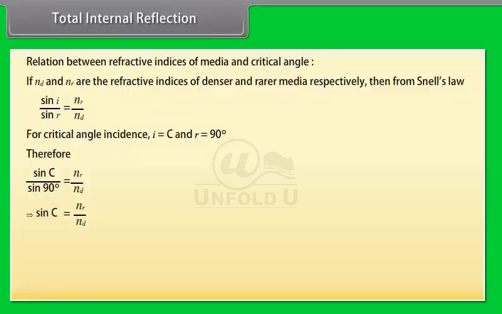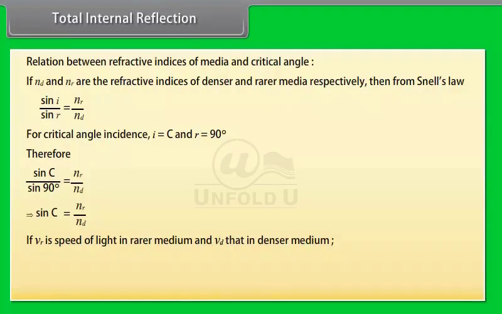It implies sin C is equal to nR by nD. If vR is the speed of light in the rarer medium and vD that in the denser medium, then sin C is equal to vD by vR.